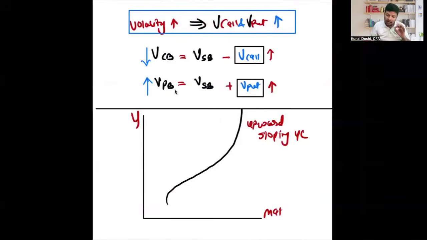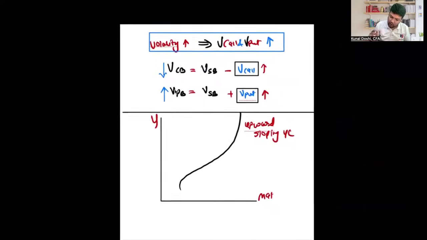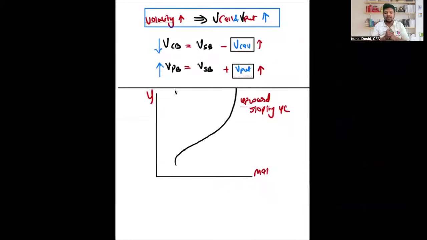When the yield curve is upward sloping, the value of the call will be low, because upward sloping means the chances of the bond being called are less. Clear, everyone?